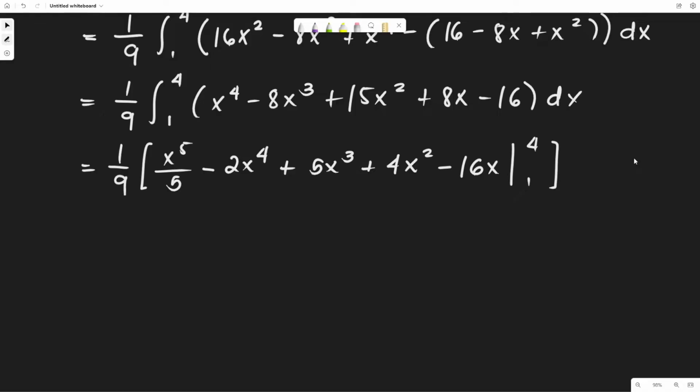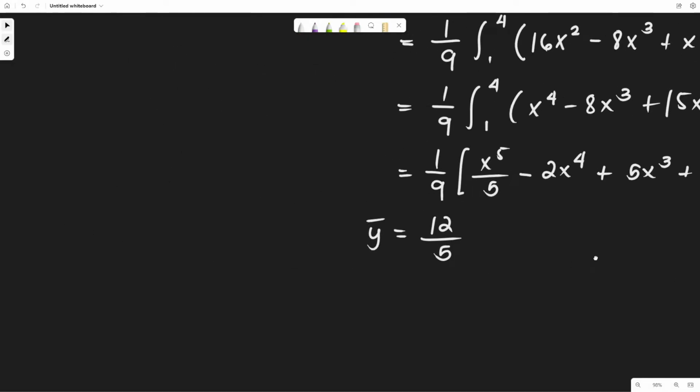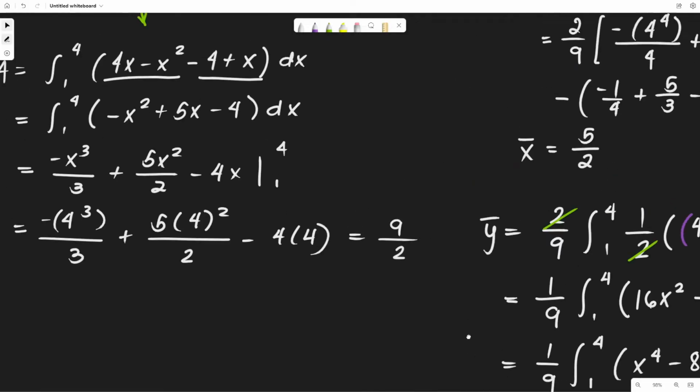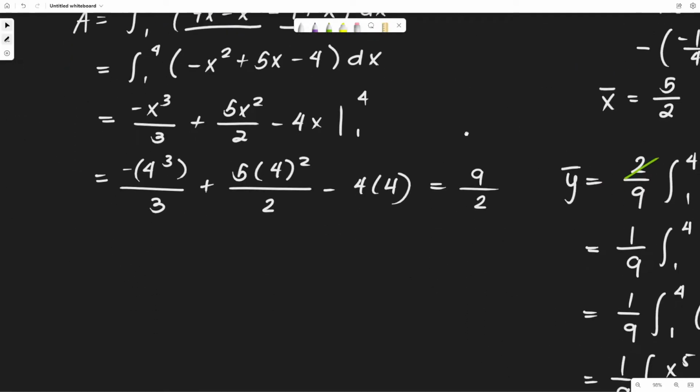So therefore we have our y bar is equivalent to 12 over 5. No? So therefore our centroid, no? is, ito ko nalalagay no, sa may area.